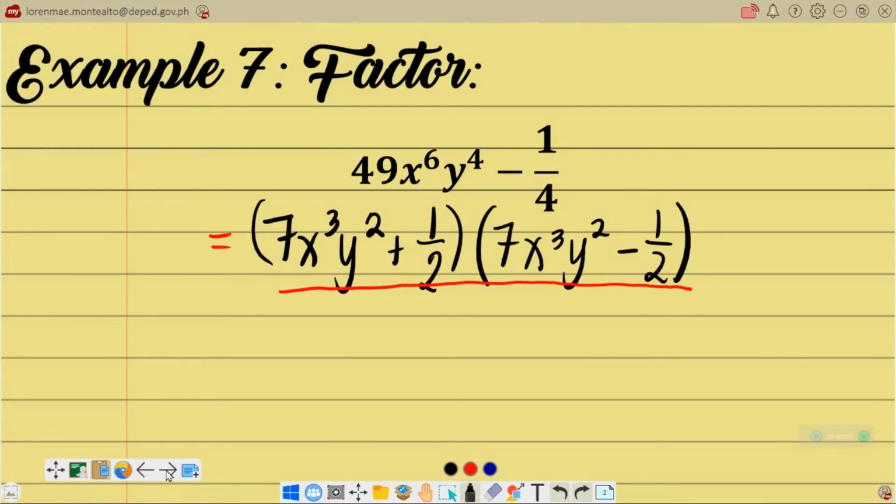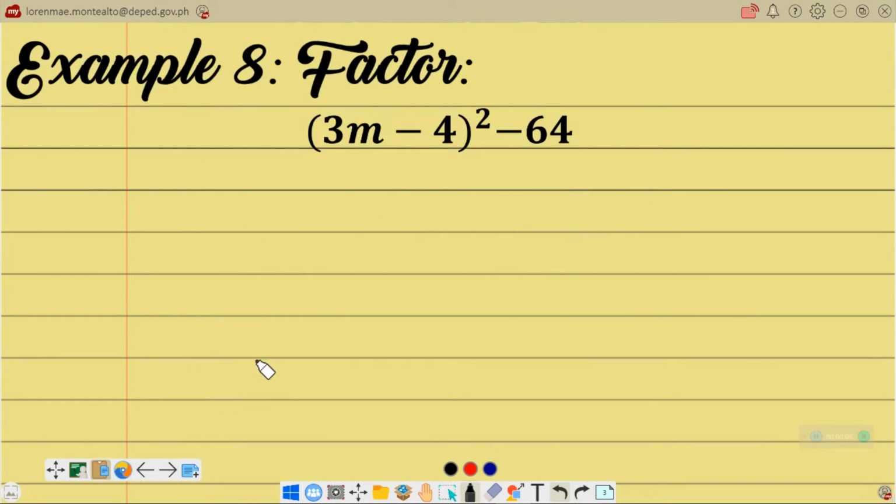Okay, so let's now proceed to the last example in factoring difference of two squares.